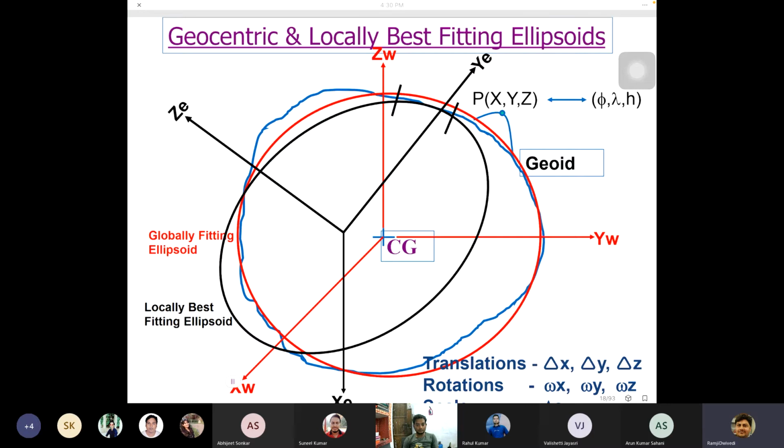So the red one is the geocentric reference ellipsoid, and obviously you would have the geoid, which is nothing but the equipotential surface, and then you will have the topography over it. So there are three stages. Let me just redraw it so that most of you would follow.